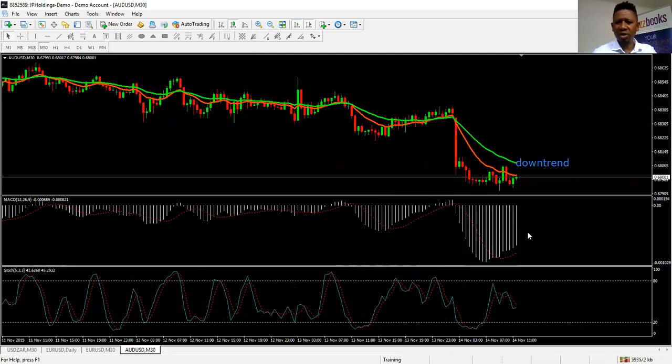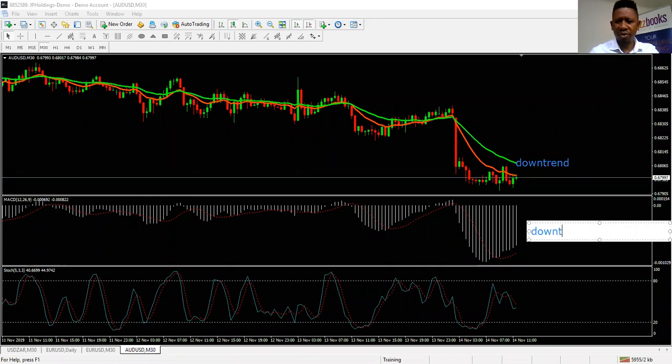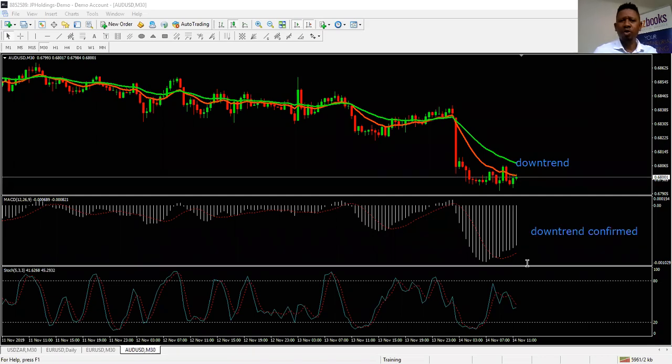That's a downtrend. And now here we say downtrend confirmed. So fully confirmed. So anybody on this time frame using this system in this pair, if they are not in a downtrend, according to this system, they've gotten it wrong.